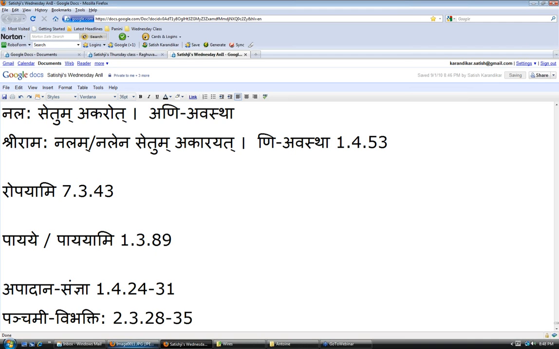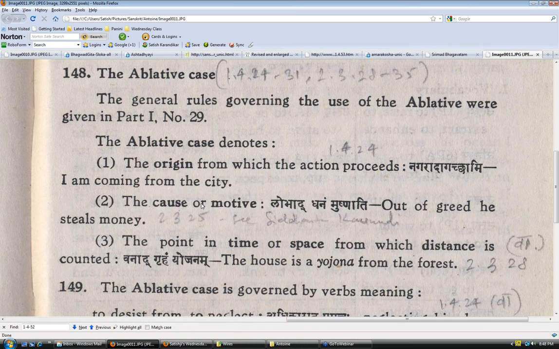But once in a while, Panini will assign the vibhakti directly. These are called the karaka vibhakti. Karaka vibhakti is when you get the karaka sanya assignment in 1.4, and then based on that assignment, like we say karmani, let's take a simple example.